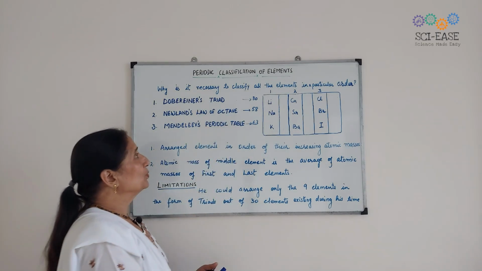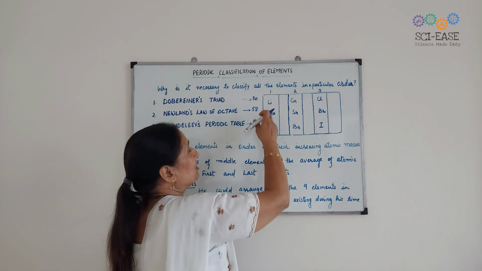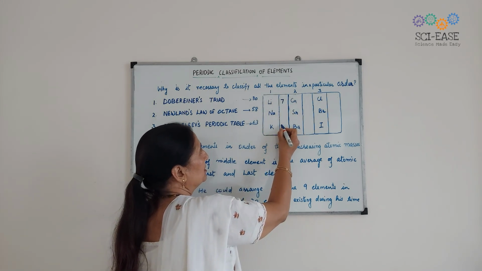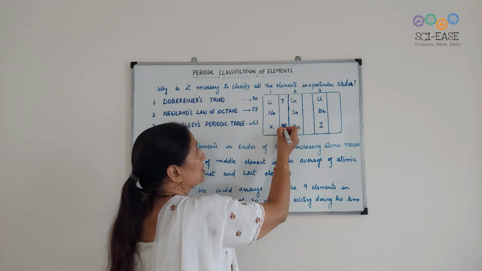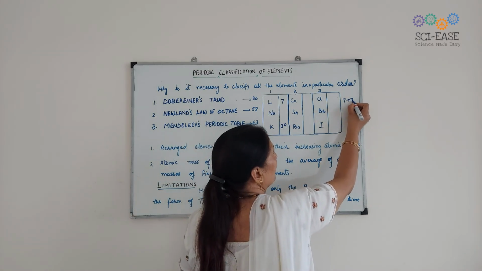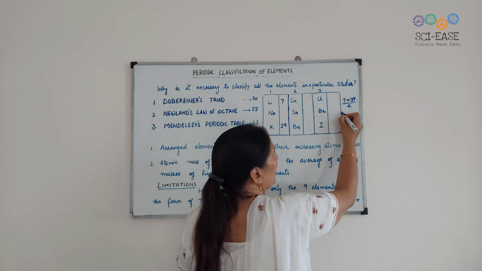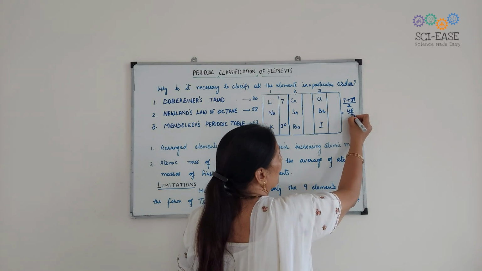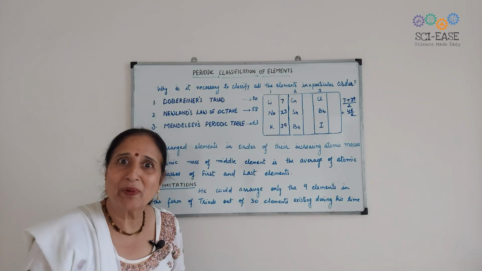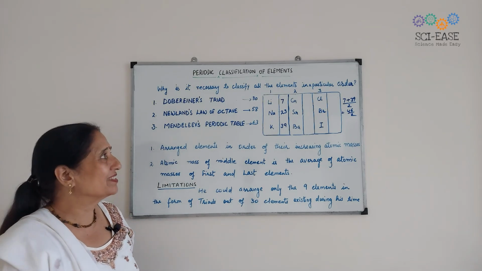Lithium has atomic mass 7, potassium 39. So the average is 7 plus 39 by 2, which is 46 by 2, so it is 23. Actually, the atomic mass of sodium is 23.